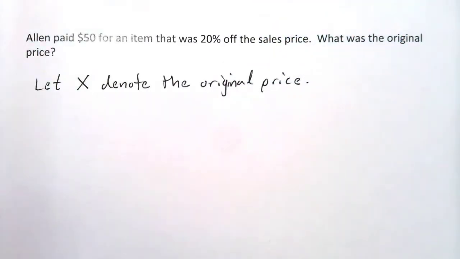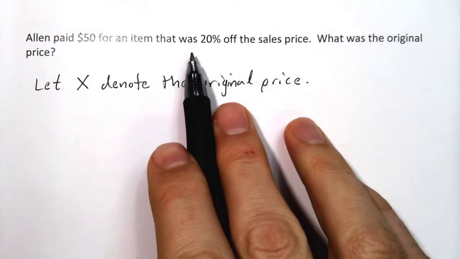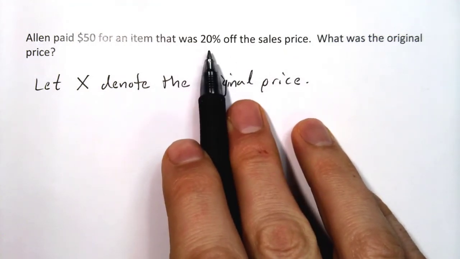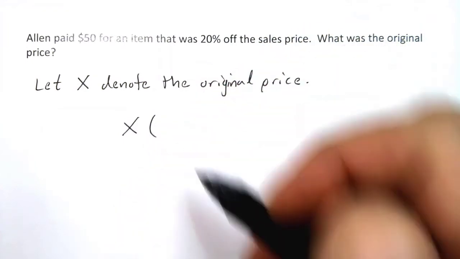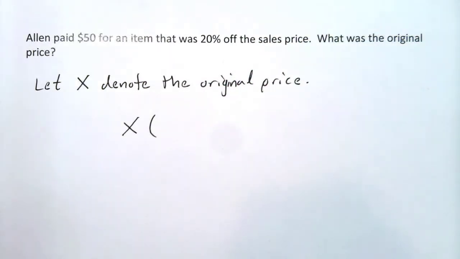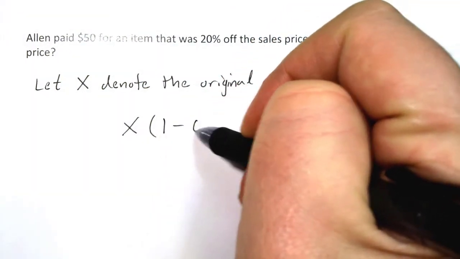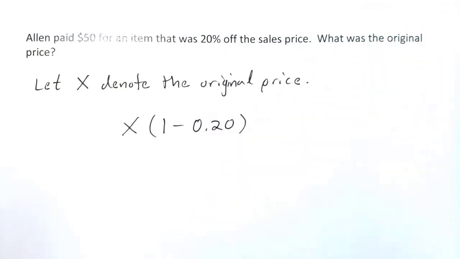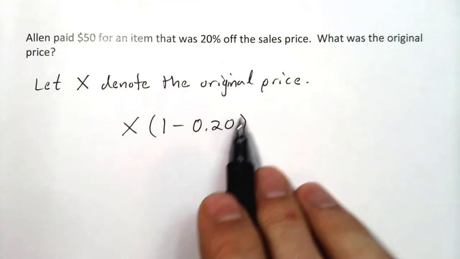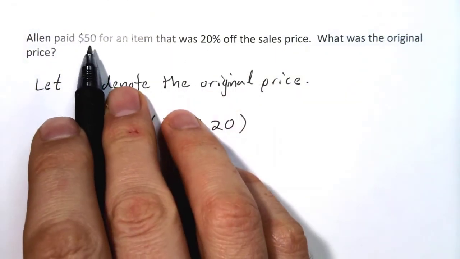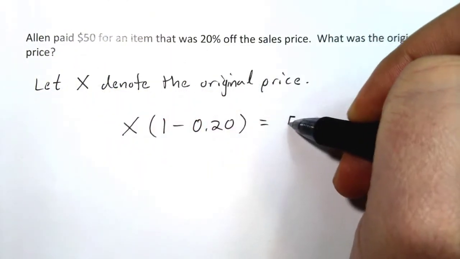Okay, well, if x denotes the original price, we know how to compute 20% off of it, right? We take x and we multiply it by 1 minus 0.20. And we know what that gives us, right? If I take 20% off of x, we know we get the sales price, $50.